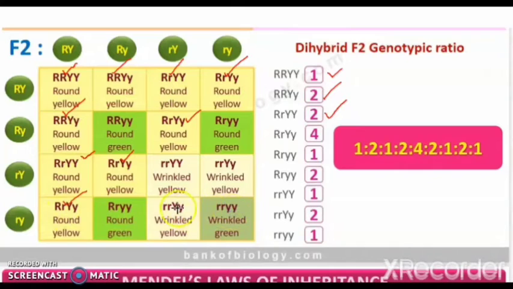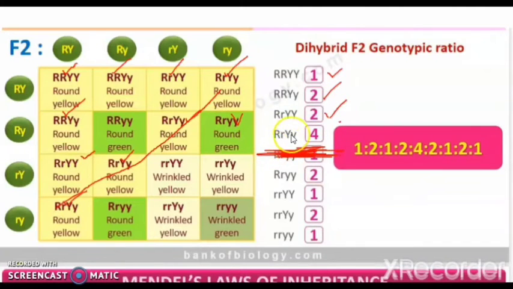The others don't have this genotype. So all these 4 genotypes have capital R, small r, capital Y, small y. So there are 4 in number.